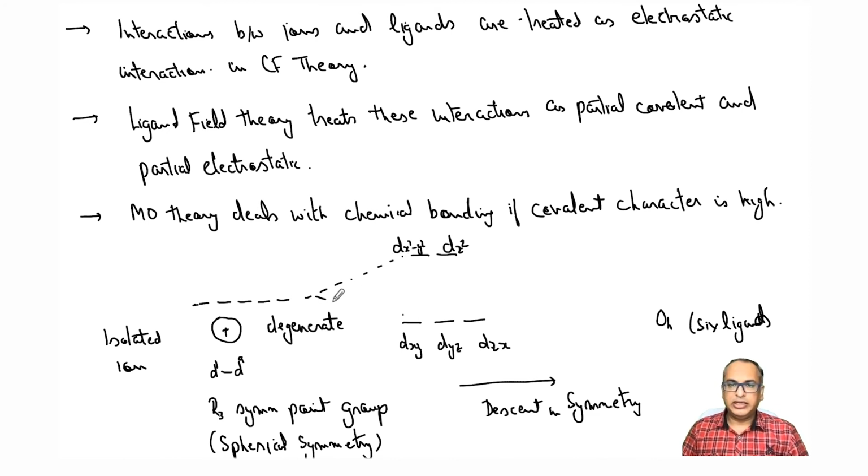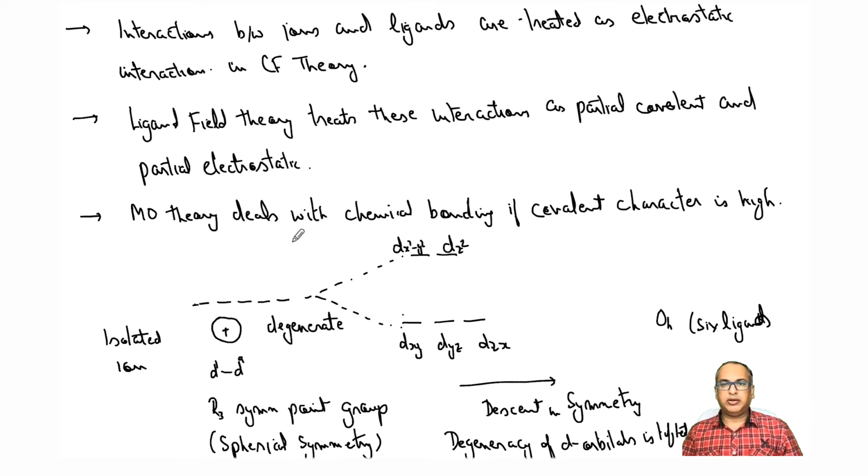So we can say that the degeneracy of d orbitals is lifted here, right? So now that the degeneracy is lifted, there must be some sort of an energy gap which is created, right?